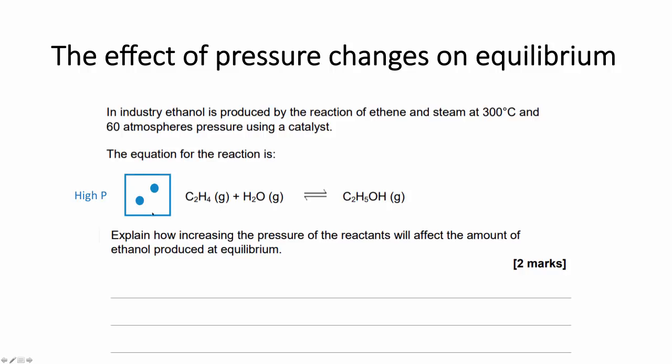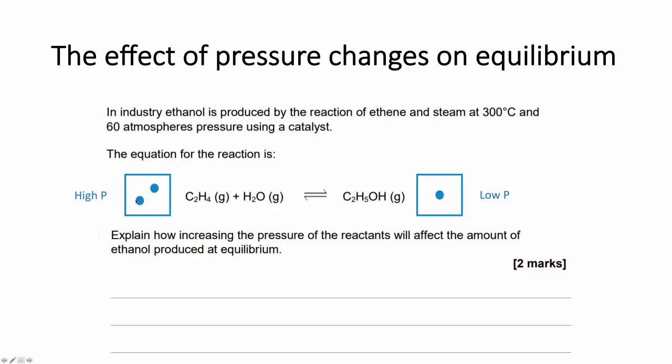So there's my box, and I've drawn two dots to represent the 2 moles, 1 mole of gas and another mole of gas. And I also, on the right hand side, draw a box and represent a dot to represent the moles of gas. Remember, only gases can exert a pressure. So if you've got solids or liquids on either side, do not include them in this step.